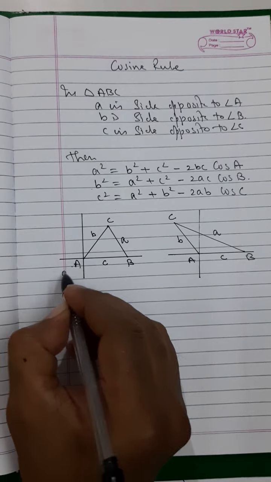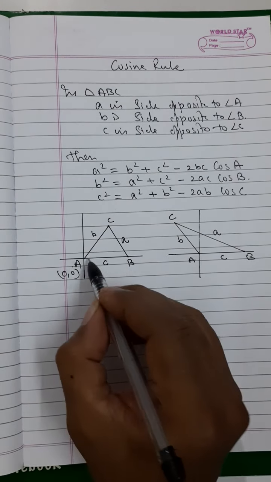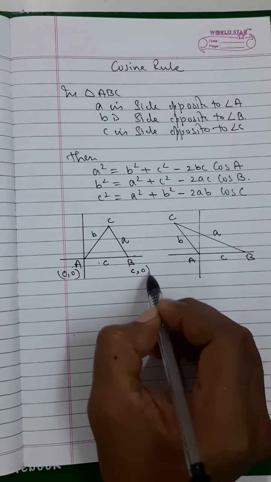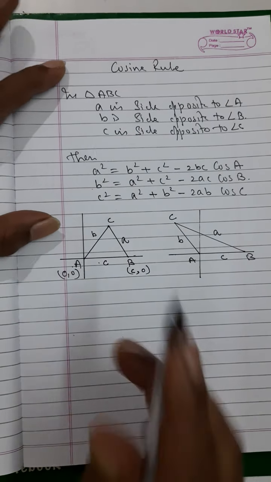Now, A will have the origin coordinates 0, 0, and B will have coordinates c, 0, because AB is equal to c. For C, we have to think the same way.